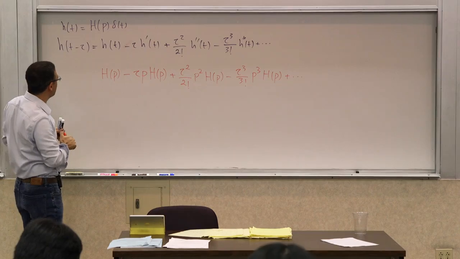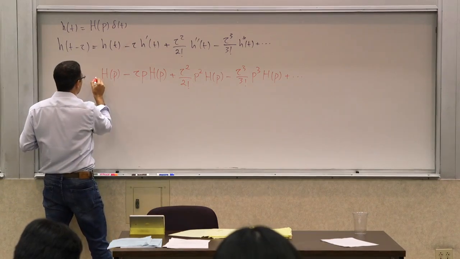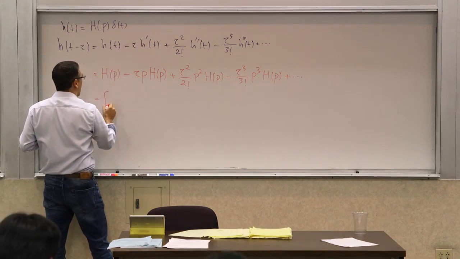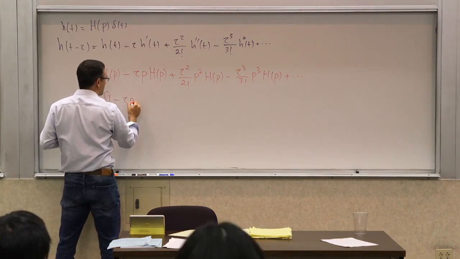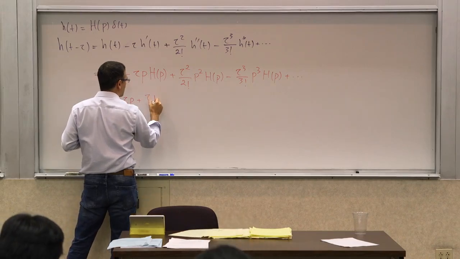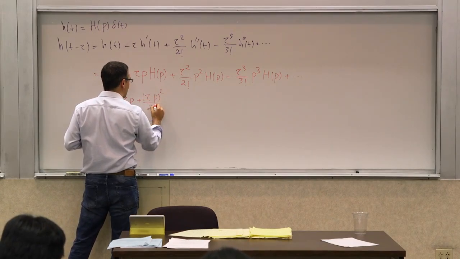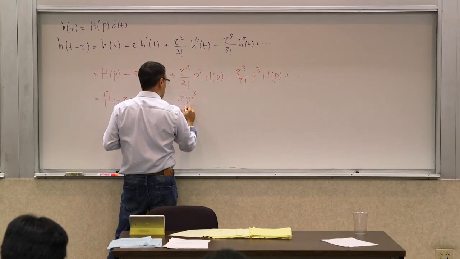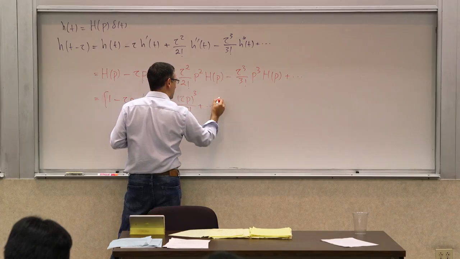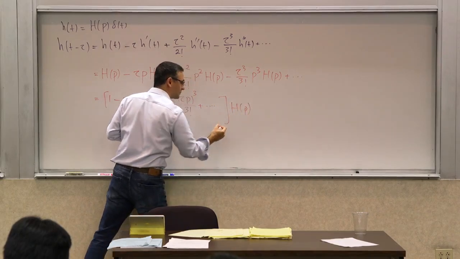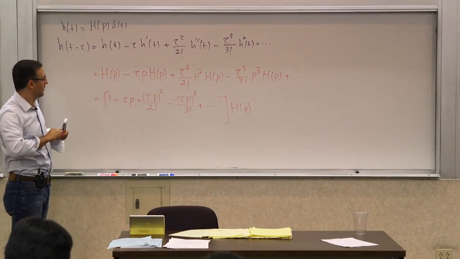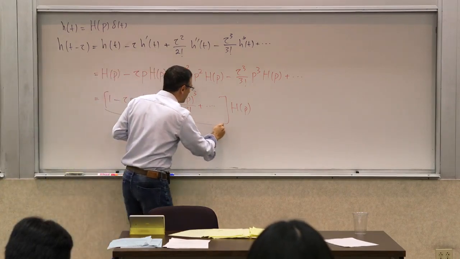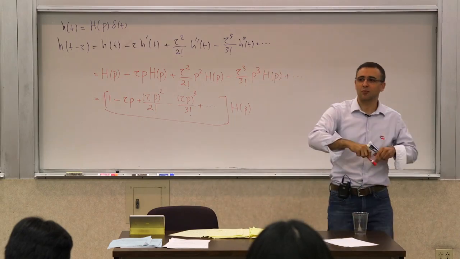So what you see here is that actually you can write this whole thing as 1 minus tau p plus tau p squared over 2 factorial minus tau p cubed over 3 factorial plus blah, blah, blah, times h of p, right? So what is this? Does anyone recognize this as something that has a more compact form?